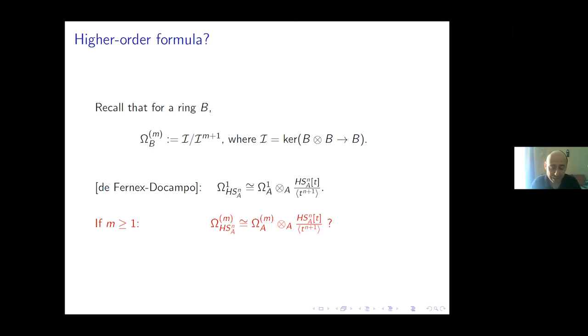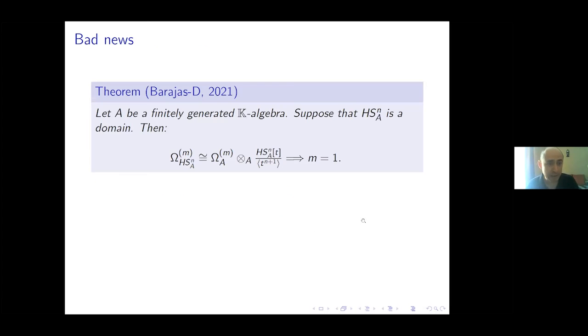The truth is that this question turned out to be spectacularly false, okay? Not only did we find a counterexample, we can essentially show that any reasonable example is a counterexample. So this is the first, sorry, bad news, okay?